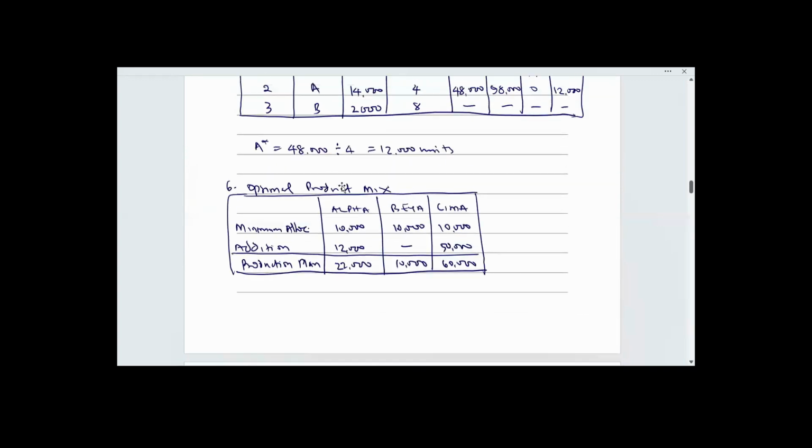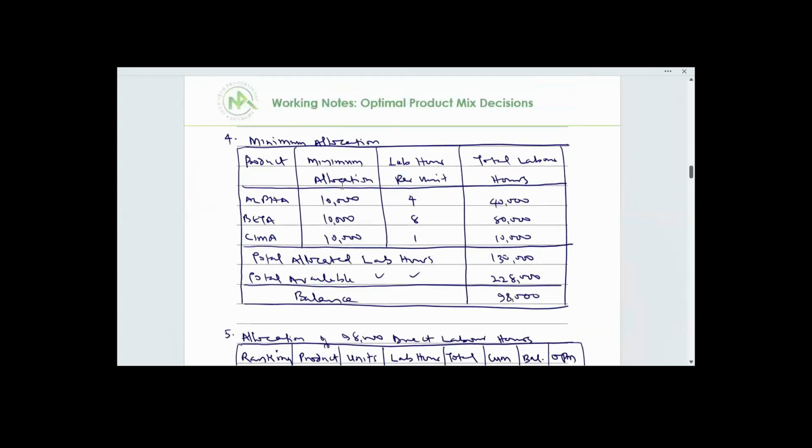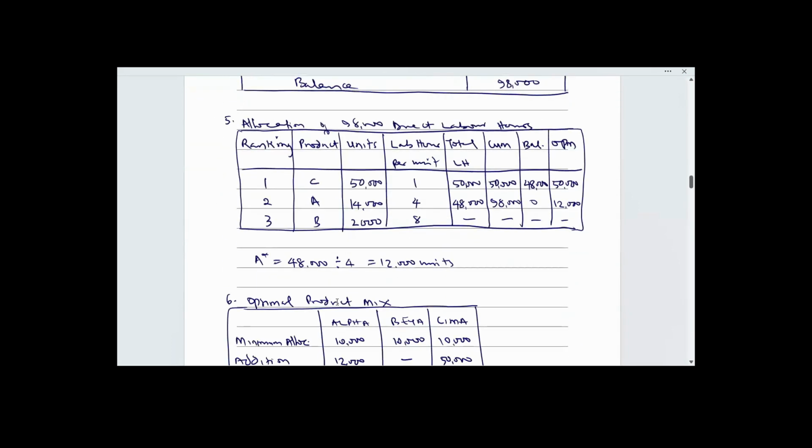I will then go back to the question. I think we have calculated contribution margin. Earlier on, we calculated contribution margin for 40, 64, then 12 naira for alpha, beta, and sigma respectively. So if that is the case, we need to calculate our total contribution. So contribution per unit, total contribution.